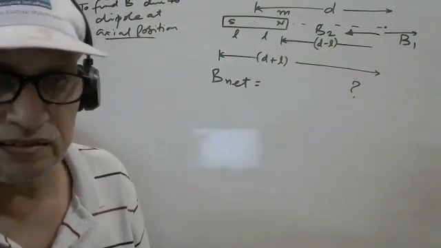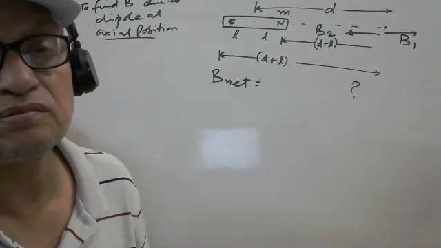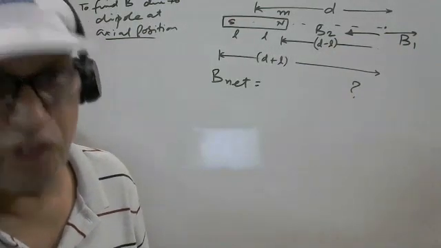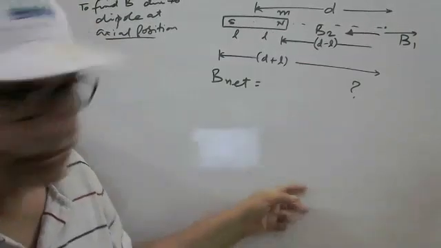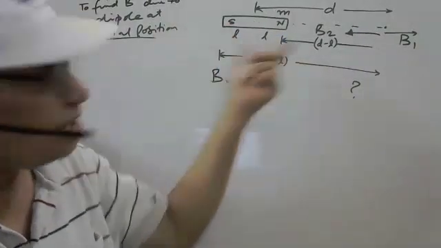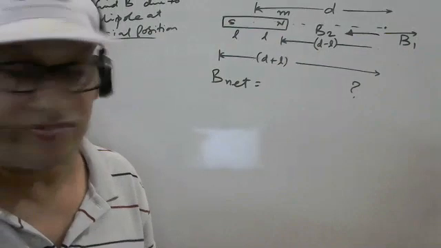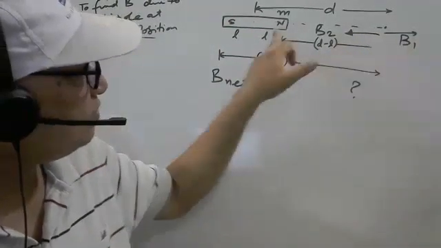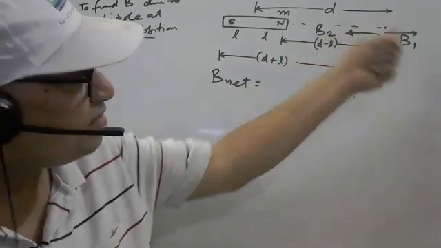One thing is clear. Which one is more, V1 or V2? The formula here is mu naught upon 4 pi, m upon r square. m is the same for both, but the distance creates the difference. Because for V1, from the north pole, the distance is less. That is why V1 is more.